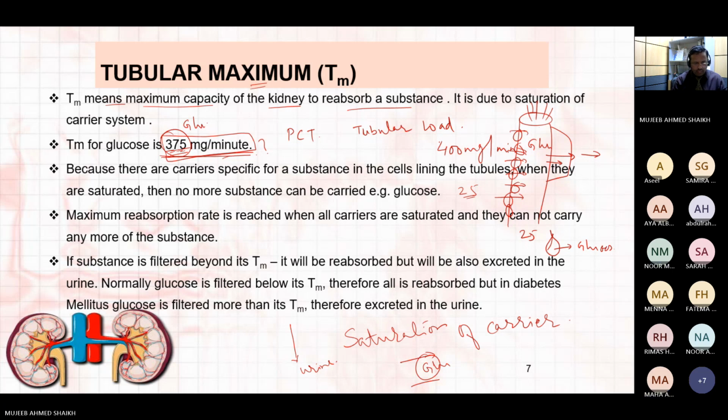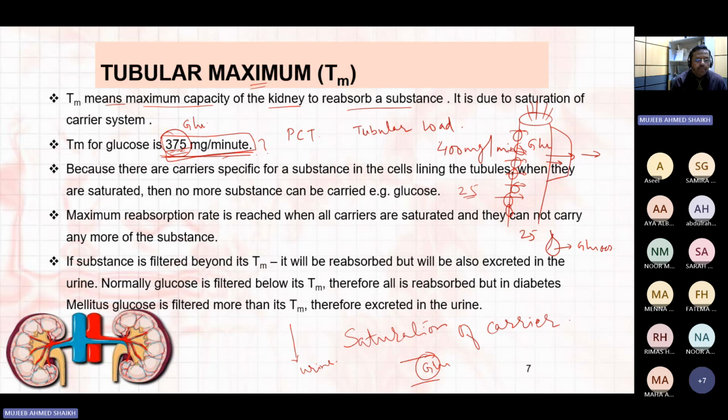Yes, doctor. Just like in a factory, if 10 workers are there and they can handle, suppose, 375 bags of sugar, if all of them are working, all 375 bags will be loaded into the truck, or you can say into the body.